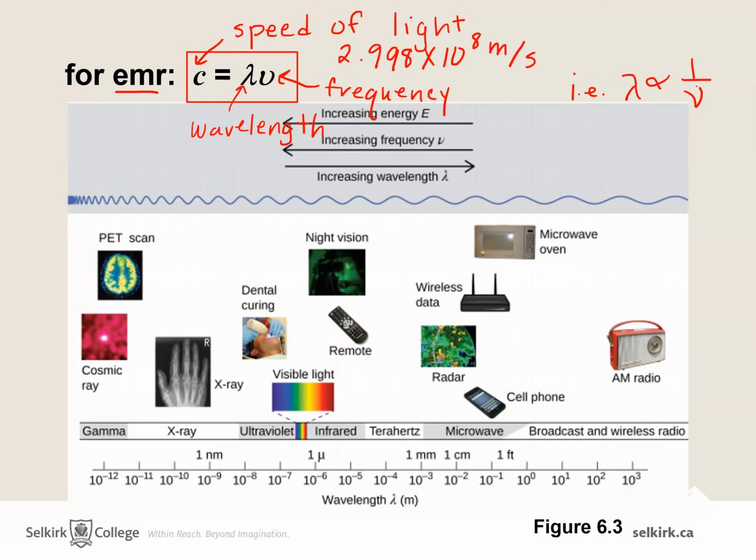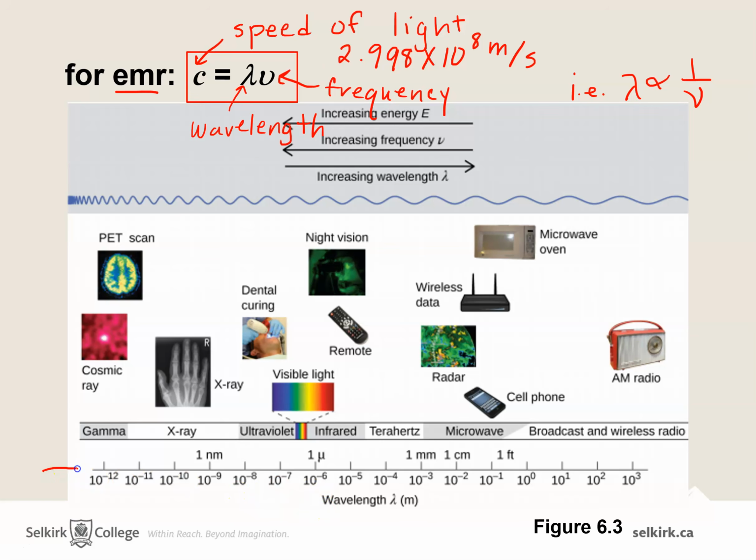As one gets bigger, the other gets smaller. So now I can use that to show you this electromagnetic spectrum, which shows the different kinds of electromagnetic radiation. All that differs from one kind to another is the wavelength and frequency of the light.